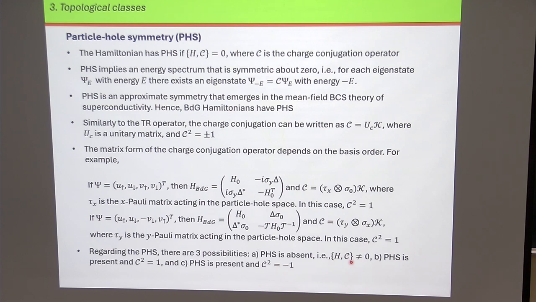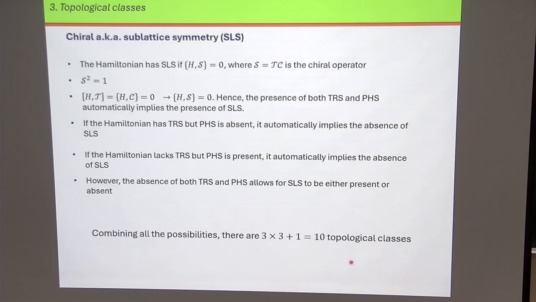If I combine them, this gives me 9 possibilities. And I still have another possibility, which is brought by the chiral, also known as sublattice symmetry. This system has the symmetry if the Hamiltonian anti-commutes with the chiral operator.